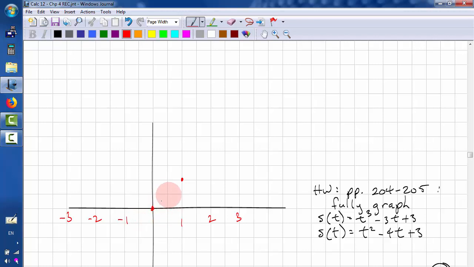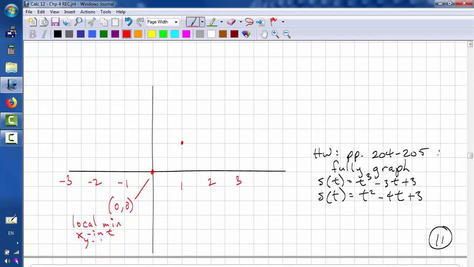If we make it 1, 1, then everything's going to be very tight, and it's going to be hard to see the detail. So we have 0, 0. This is a local min. It's also our x-intercept and our y-intercept. This is 1, 1. This is our local max.